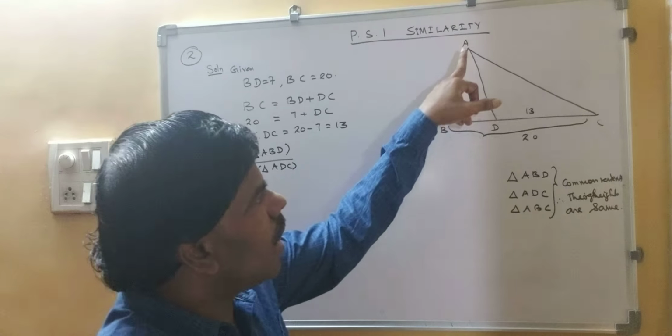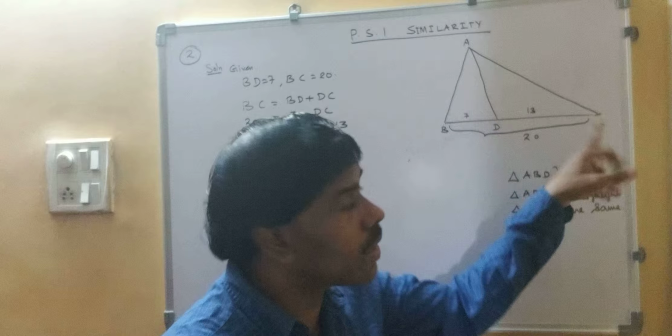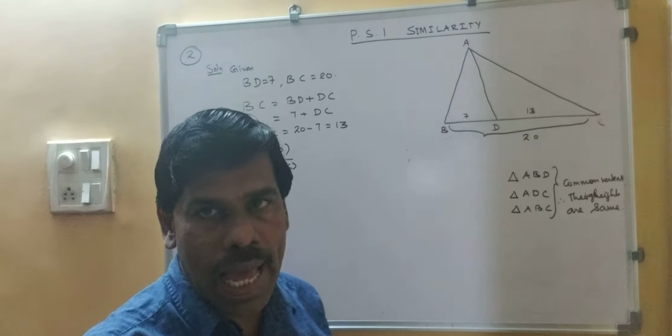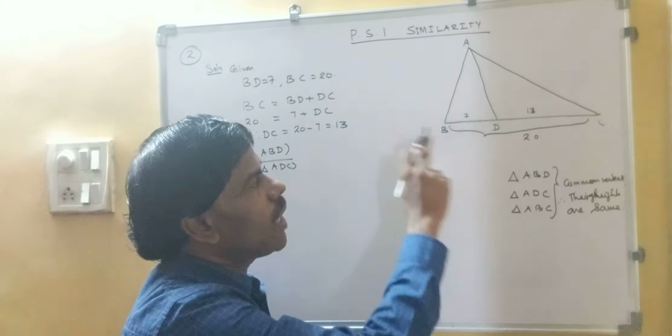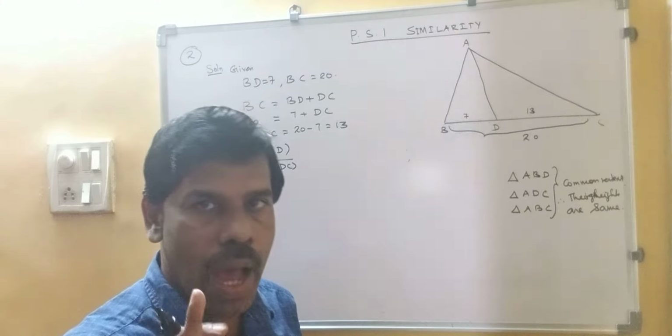Why? Because they have a common vertex and their bases are on the same line. Therefore, these 3 triangles will have the same height.